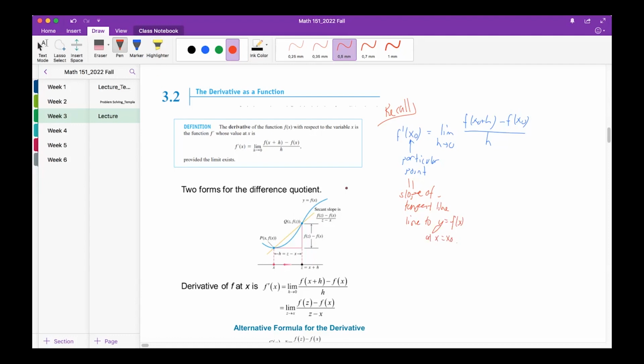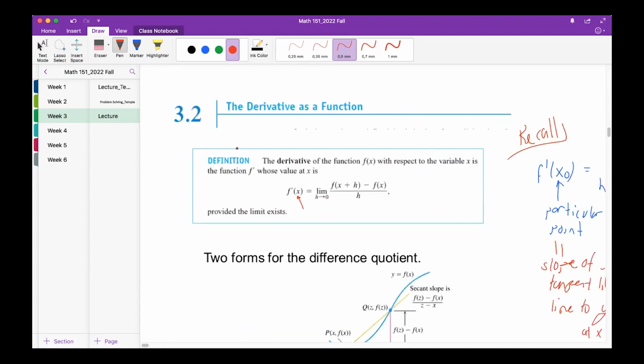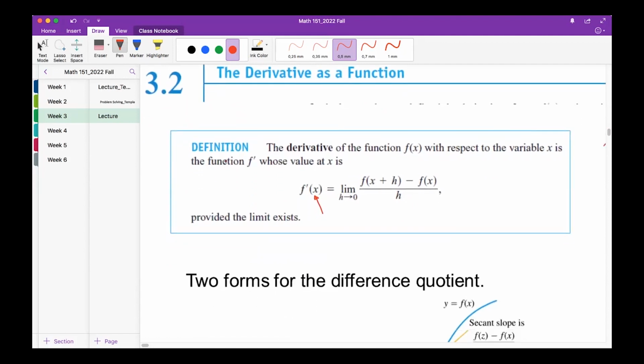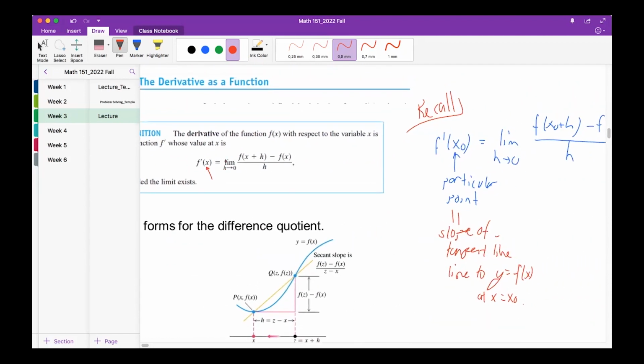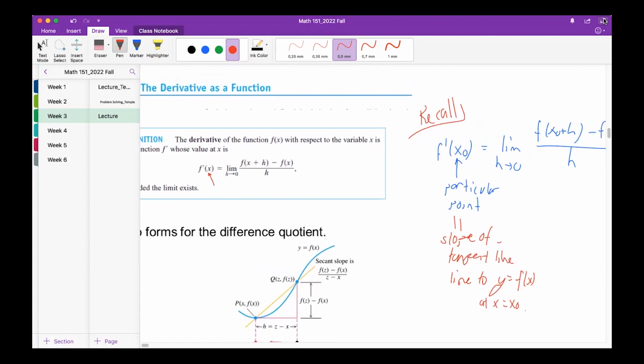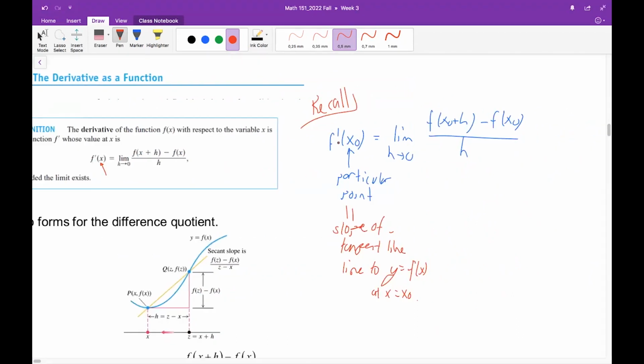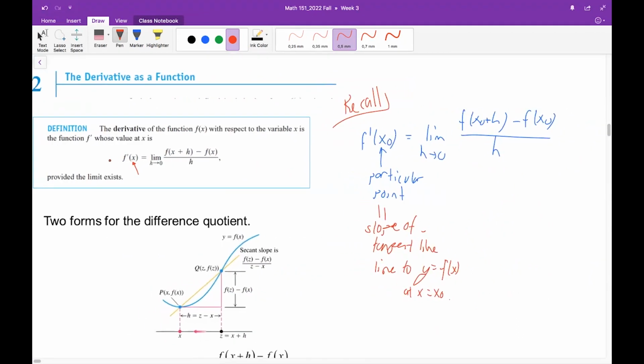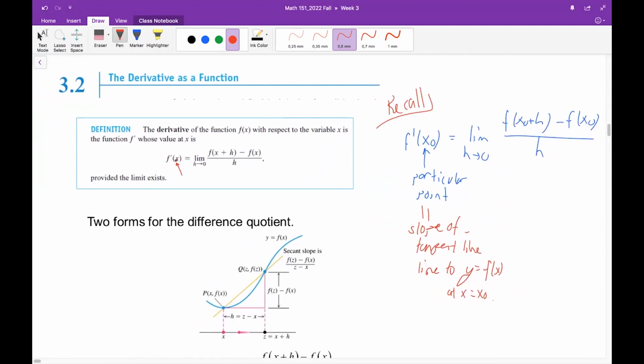Now, we are generalizing this limit definition of the first derivative from a point to the variable x like that. As you can see here, instead of, okay, let me zoom out a bit. Instead of putting a particular point x0, now we are putting the variable of the function x, and then the rest is the same.